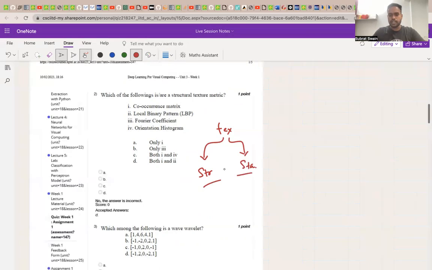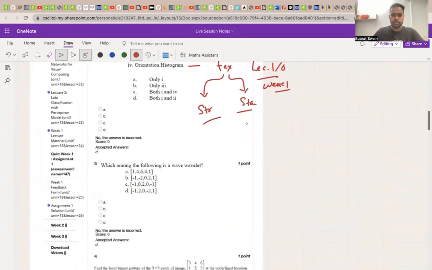Co-occurrence matrix and local binary patterns are part of structural metrics, and the Fourier coefficient and orientation histogram are part of statistical metrics. You can find this information in lecture 1 or 0 of week 1. It's just a classification, so I don't need to worry much about that.